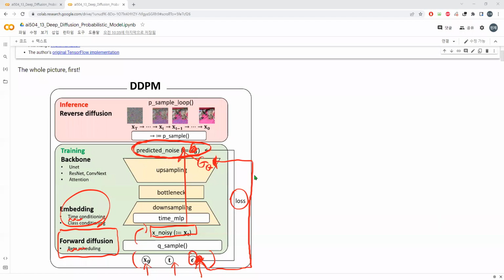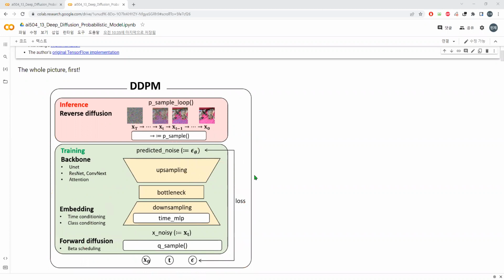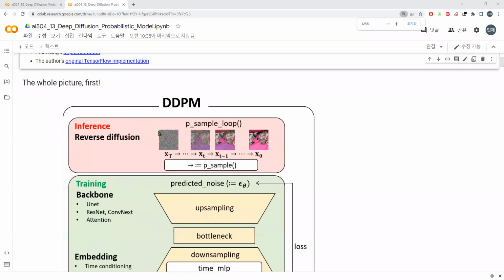Cool. Okay, what I've described builds the training process of the model, which is shaded by this green area. And okay, let's go into the inference stage. Let me zoom in.